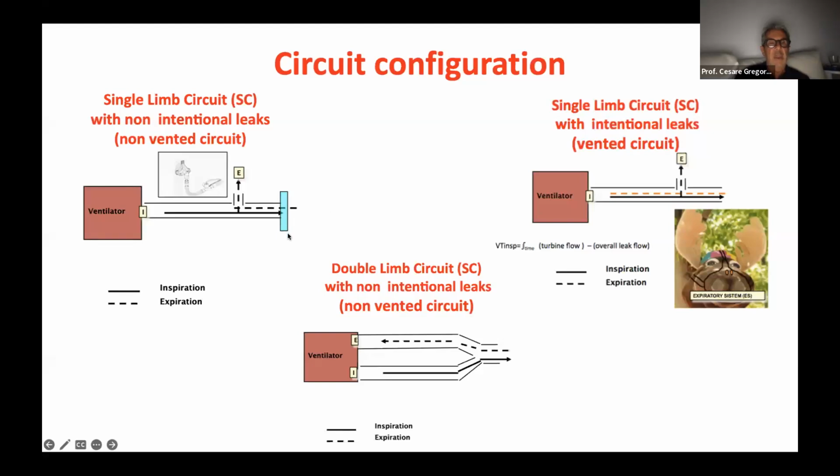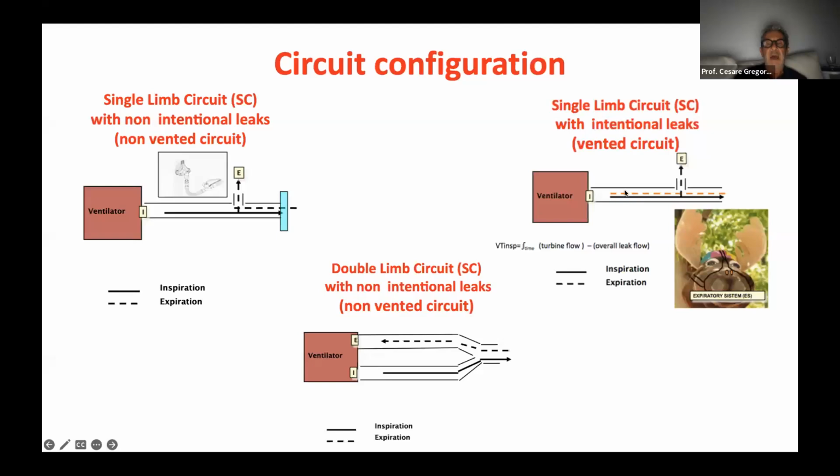And we can have another, non-vented circuit, so with a real valve, called a mushroom valve, one limb, one mushroom valve, inspiratory in one direction, expiratory in the other. In terms of rebreathing, exactly the same. CO2 is completely eliminated by the valve.